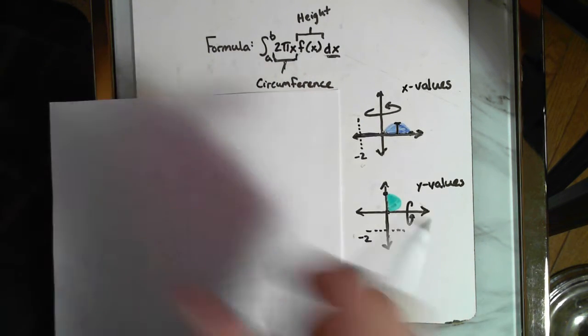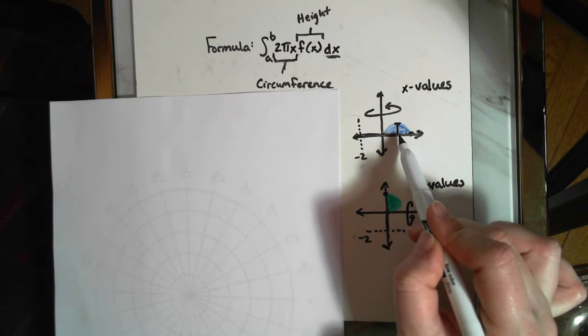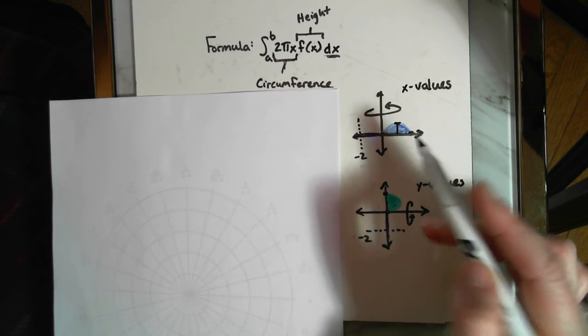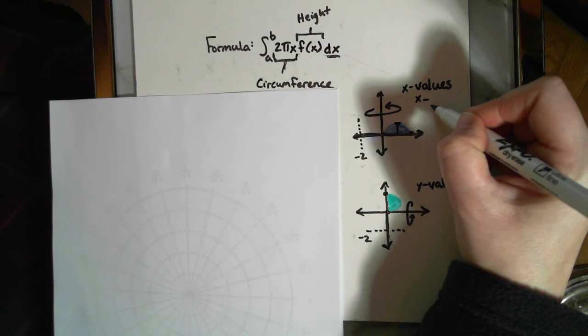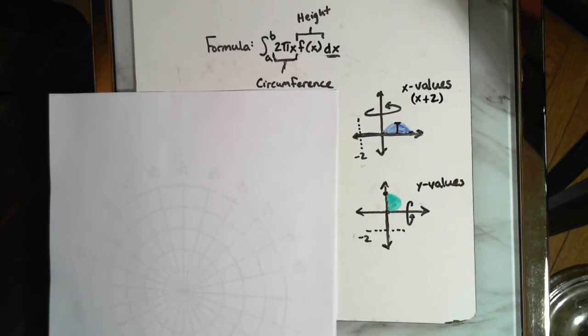If I'm doing a rotation around the -2 line, and notice my area is to the right of that, I'm going to do x minus that axis of rotation value, so x minus -2.